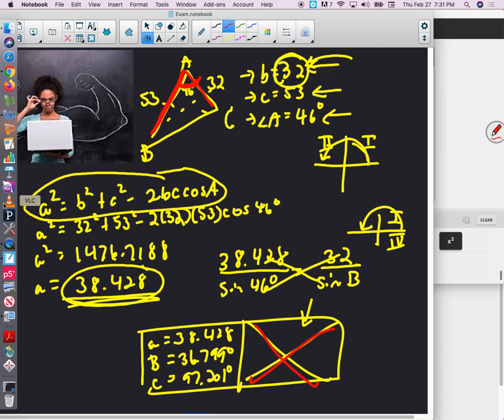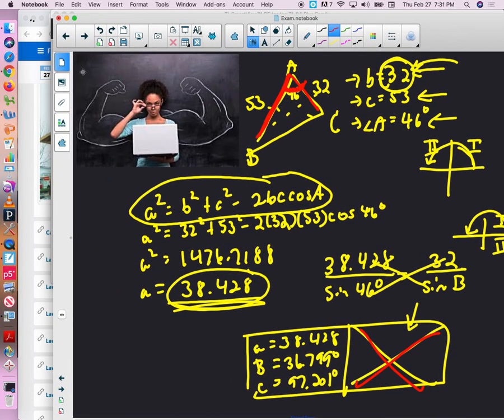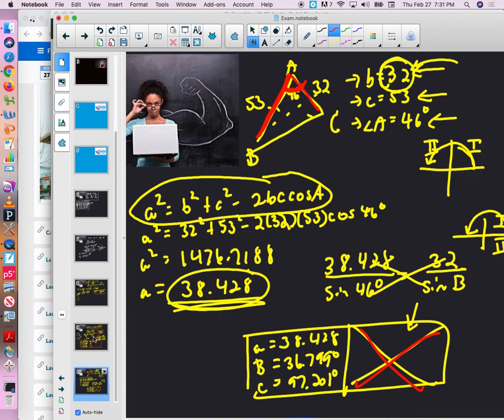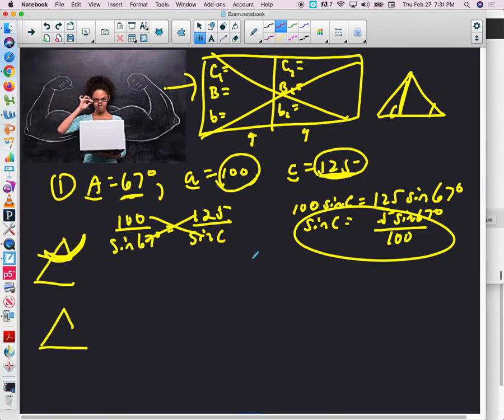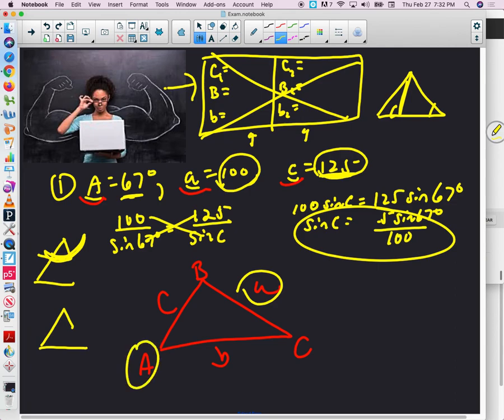What happens with law of sines is, let me go back. When you have 2 of the same letter, like this, when you have an A and a C, let's draw a triangle, A, B, C. Look what happens if you have an A and a little c.